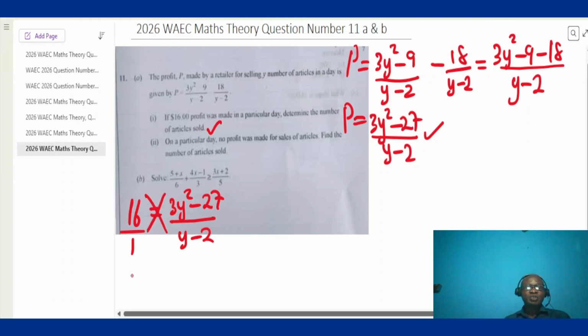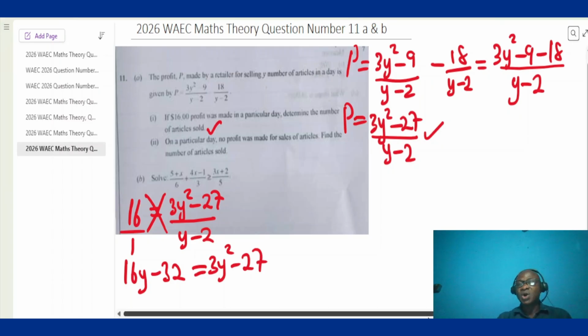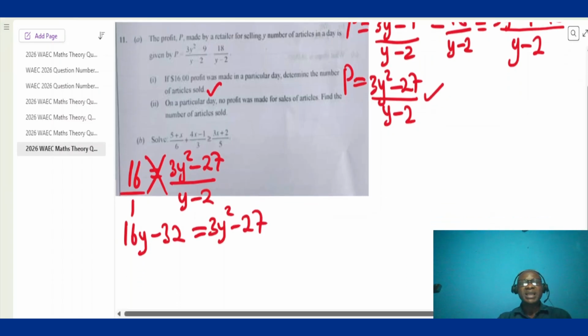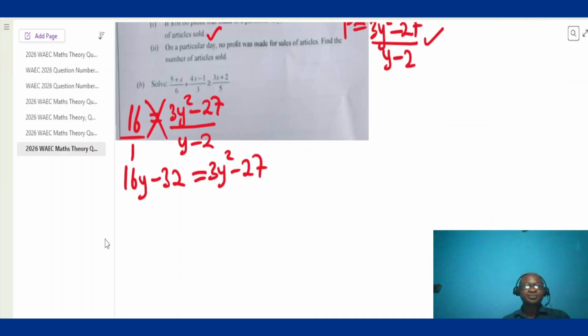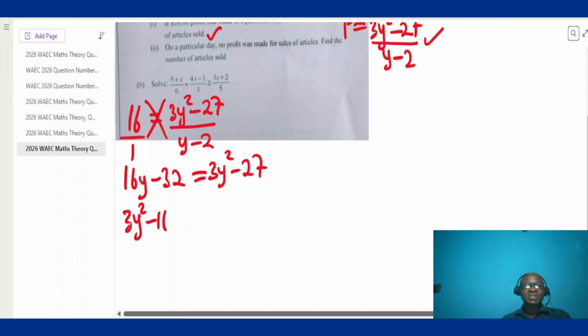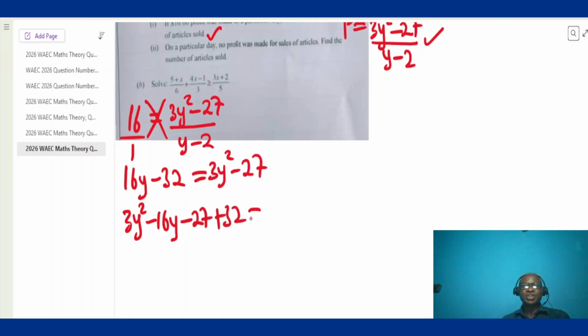Therefore, by cross multiplication, I am going to get 16 times y is 16y, and 16 multiplied by minus 2 will give me minus 32, equal to 3y squared minus 27. Organizing this, I get 3y squared minus 16y, then minus 27 plus 32 is equal to 0.